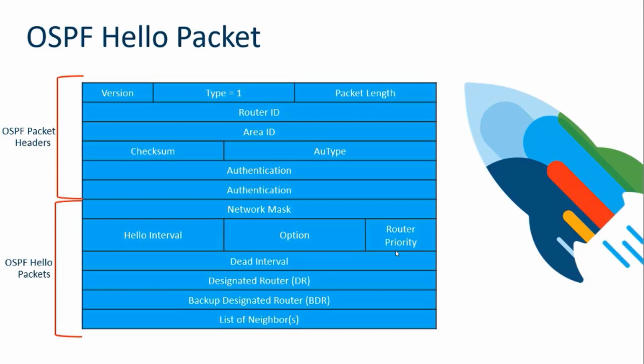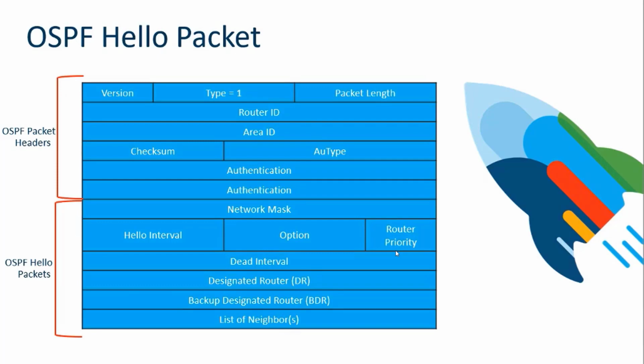Also, these hello packets include parameters that must be agreed upon in order for two OSPF routers to actually become neighbors. And lastly, when these hello packets run back and forth between two OSPF routers, they're also used in the election of the DR, the designated router, and the BDR, the backup designated router. This is only on those multi-access networks using technology like Ethernet. Point-to-point does not use DRs and BDRs.